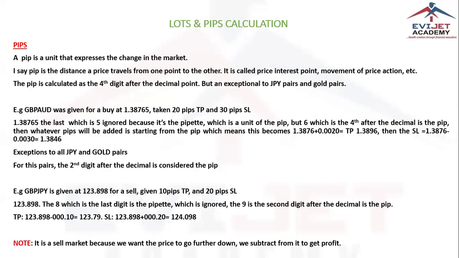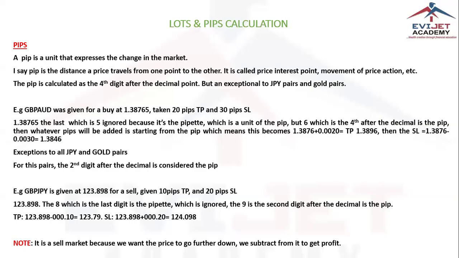It is not used when you are calculating your pips. So the fourth decimal is actually the first pip. The fifth one is a pipette, it's not calculated.